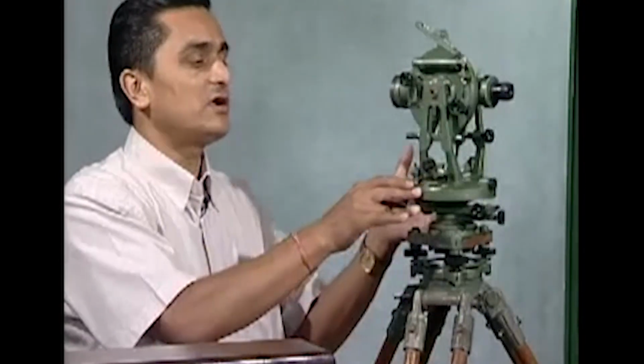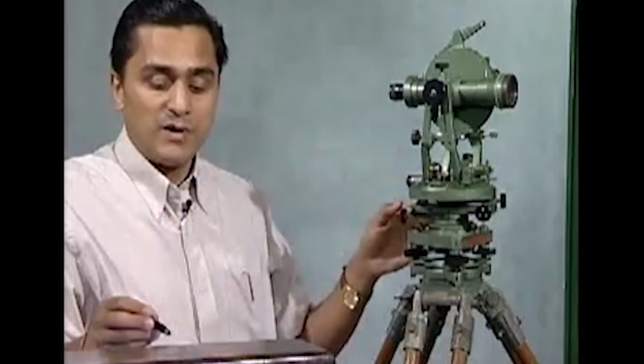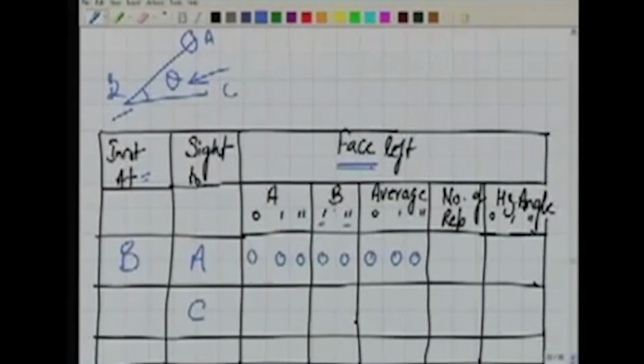Well, I rotate it, take it back again to the A, clamp the lower one, and bisect the A using the tangent of the lower one, accurately bisect it. Still, I am bisecting A, the reading in my instrument is only theta.